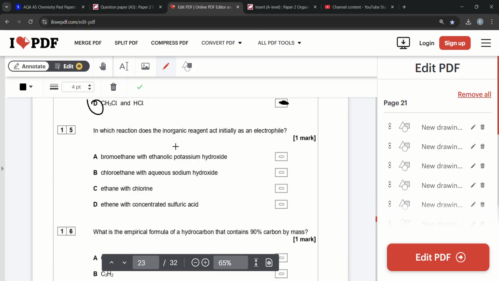In which reaction does the inorganic reagent act initially as an electrophile? Bromoethane with potassium hydroxide, chloroethane with aqueous sodium hydroxide, ethane with chlorine, ethene with concentrated sulfuric acid. The answer is ethene with concentrated sulfuric acid.